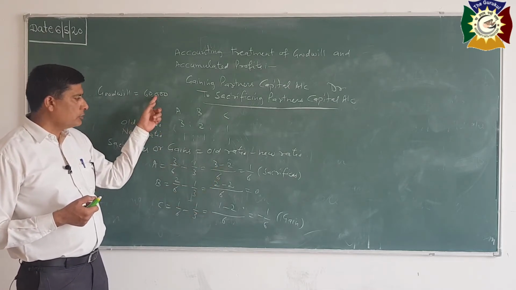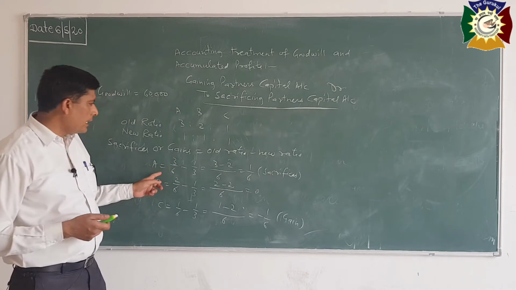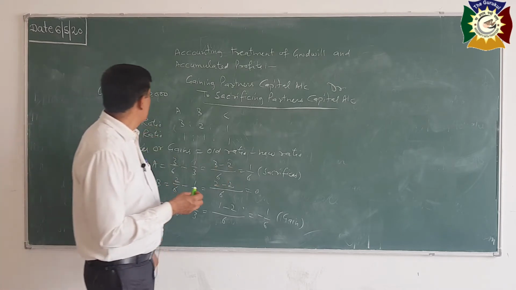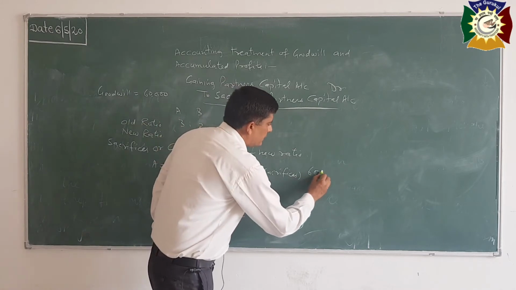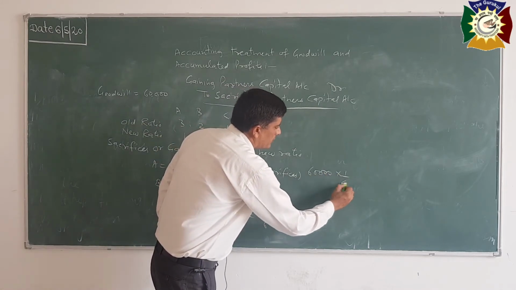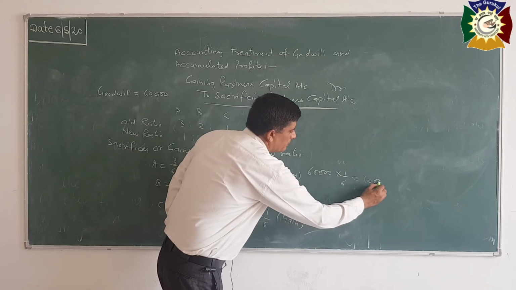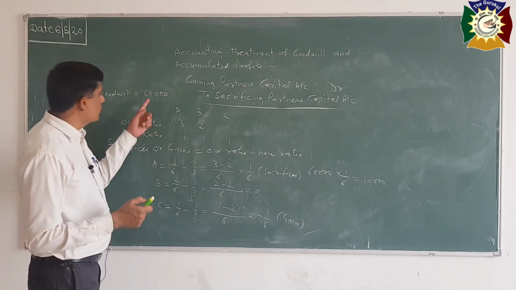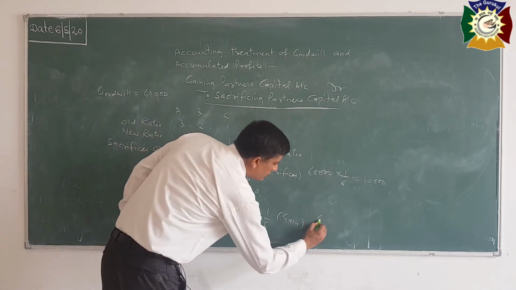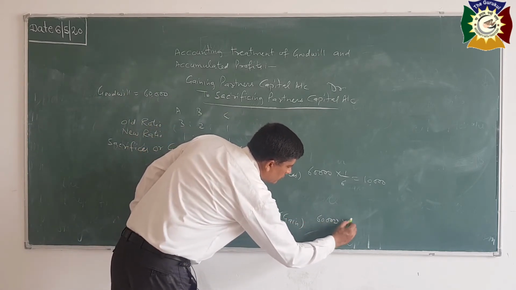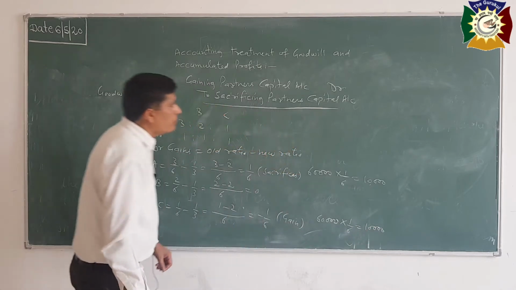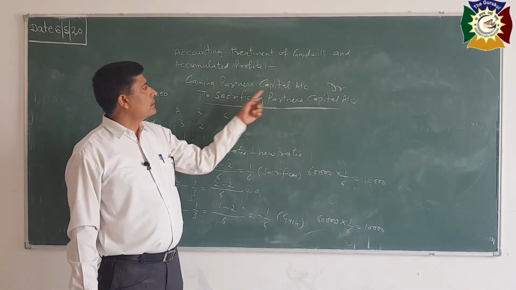It is 60,000. So A will sacrifice 1/6 of 60,000, that is 60,000 into 1/6, which is 10,000. And C gains 1/6, the total goodwill being 60,000, so this will also be 60,000 into 1/6, that is 10,000. The entry for goodwill is gaining partner's capital account debit.